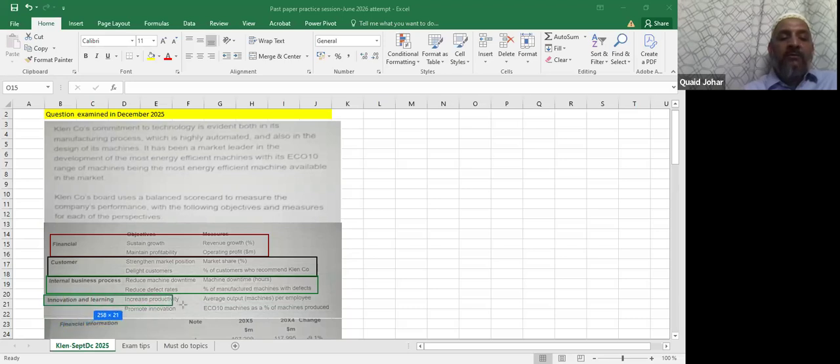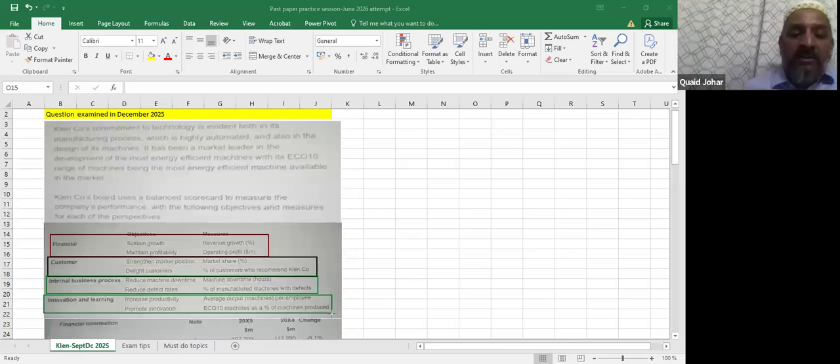And then the innovation and learning perspective. The goals are to increase productivity and promote innovation, and they can be measured through average output per employee. This is the measurement of productivity. And promote innovation means selling or producing more of the newer technology rather than the older ones. So Eco 10 machines as a percentage of the total machines produced.